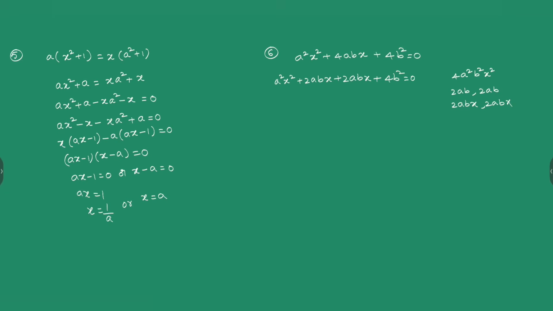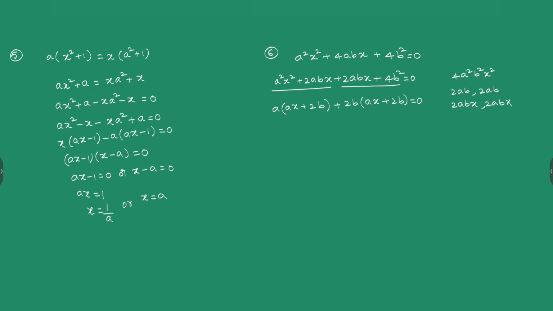Now in the first two terms we have a common. So if you take a common, ax plus 2b. In the next two terms we have 2b common, and again ax plus 2b is equal to 0.